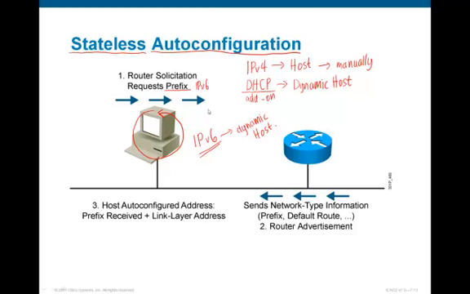In IPv4 terms, think of it as the network address. The router replies with the IPv6 prefix of this LAN segment, and the host simply combines the received prefix with its own MAC address to come up with a unique IPv6 address for itself without requiring a DHCP server.